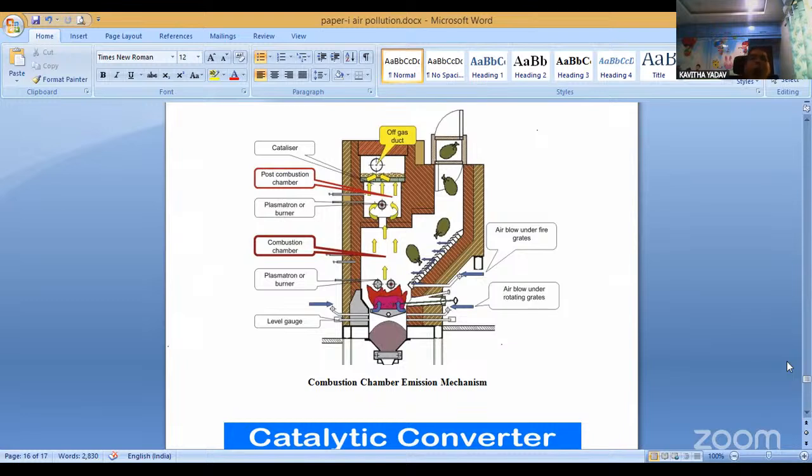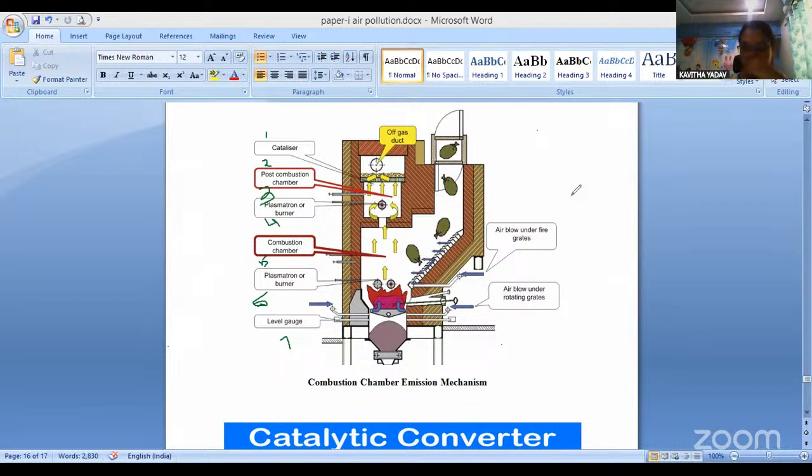First one is the catalyzer. This is the first one, this is the second one, third one, fourth one, fifth one, sixth one, seventh one, eighth one, and these are the ninth one.